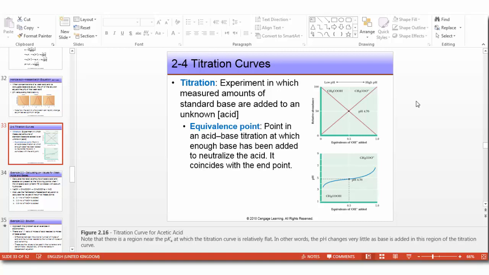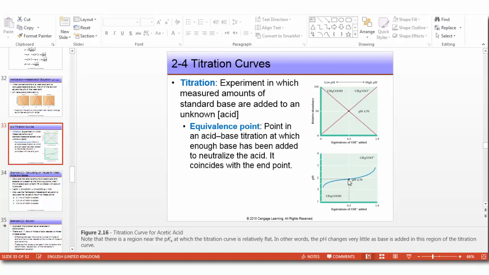Now if we look at this figure 2.13, titration curve for acetic acid, we see here we start titration at low pH. At the beginning we measure the pH before adding any base, then we start adding a base. As we add the base, the pH increases until we reach this point.